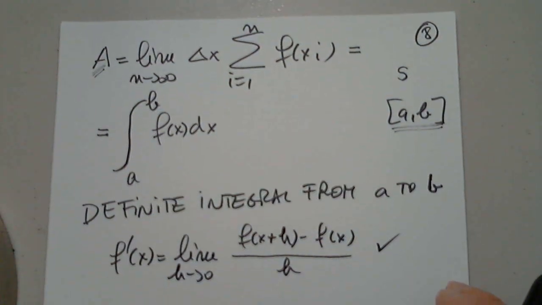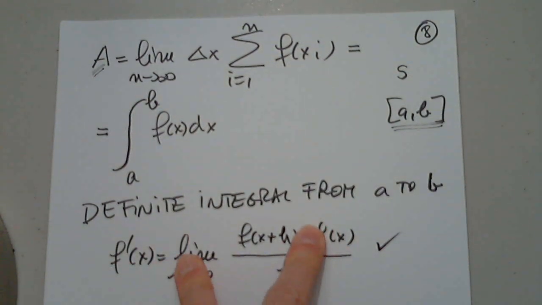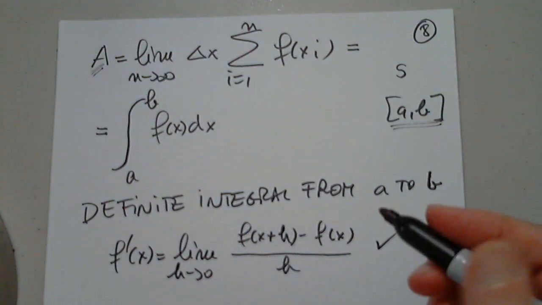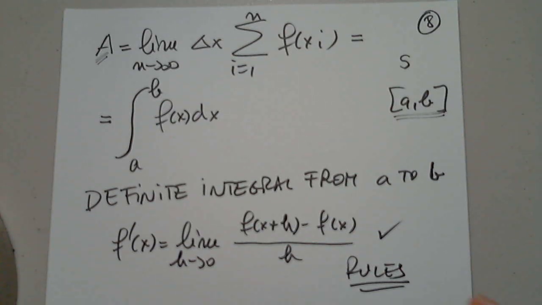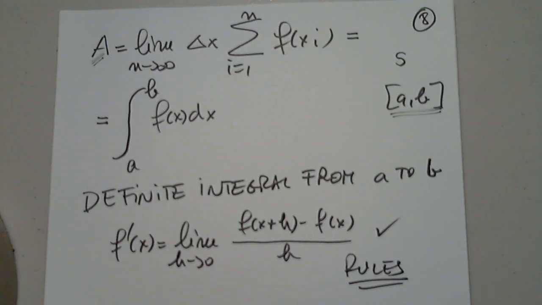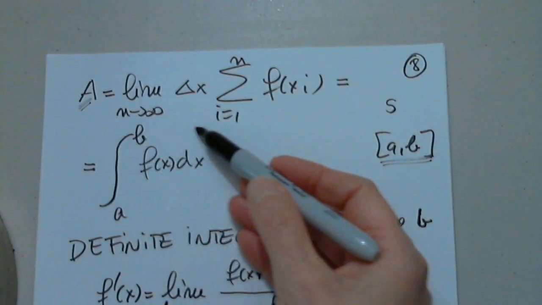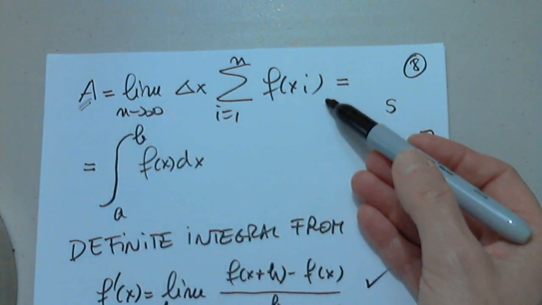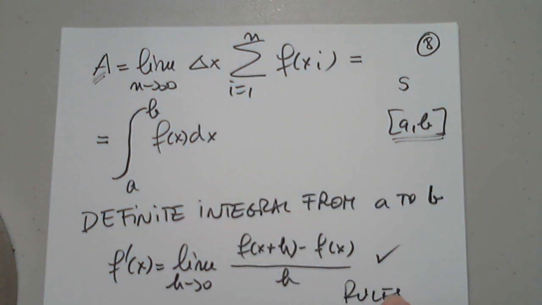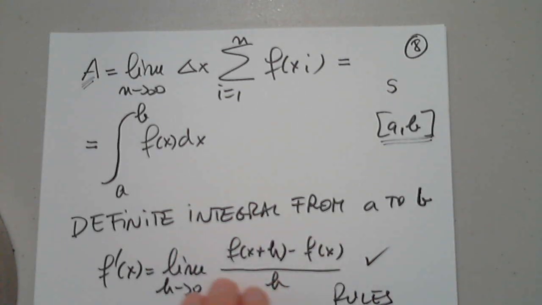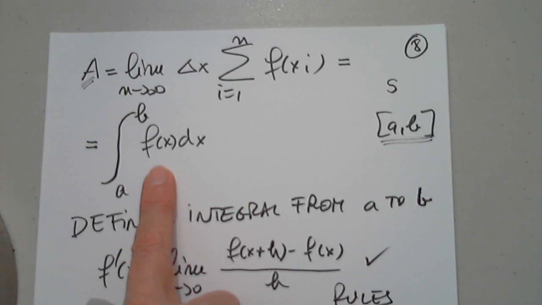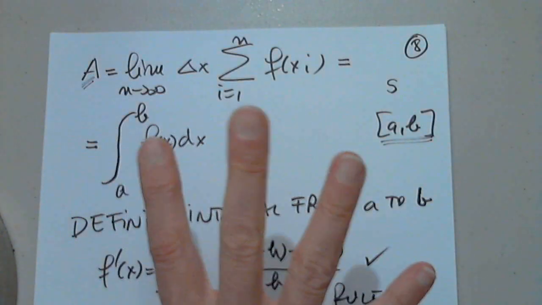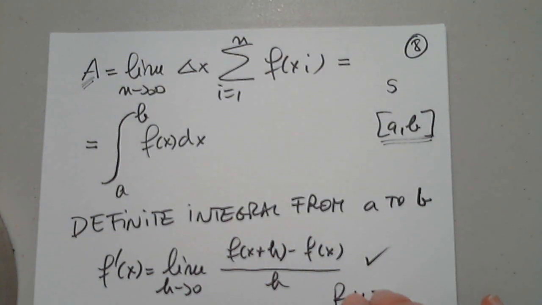We understood this, that the derivative is the two concepts put together, the limit and the difference quotient, and then we moved on to differentiation rules, or how to differentiate using power rule, product rule, and so on and so forth. The same thing here. We know now how to determine this area, and now we can move on to what are called the rules, if you want. So this was cumbersome, but now this will be similar to the rules of differentiation. What I'm saying is the next step up.